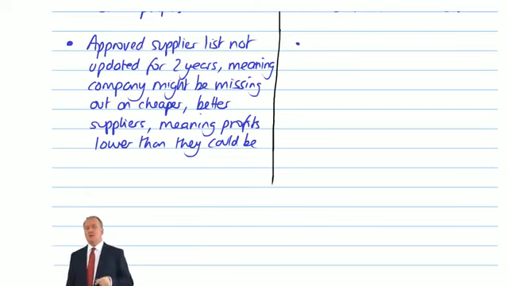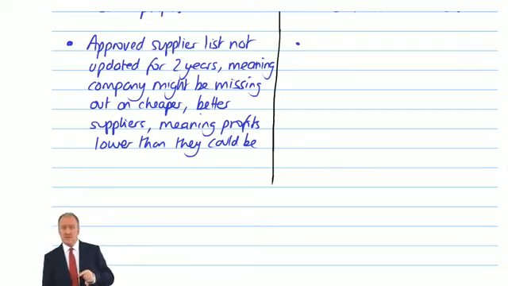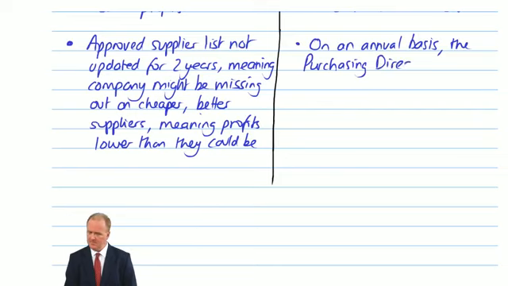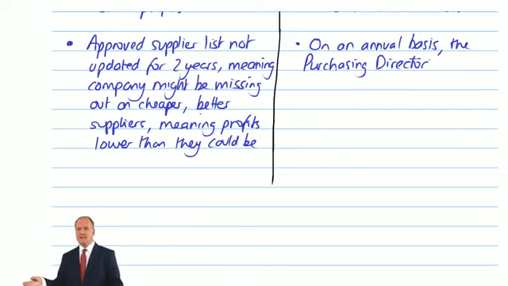But they should also go to alternative suppliers and offer them the chance to pitch for the business. So how about on an annual basis? So there's the how often. The purchasing director. So there's the who.